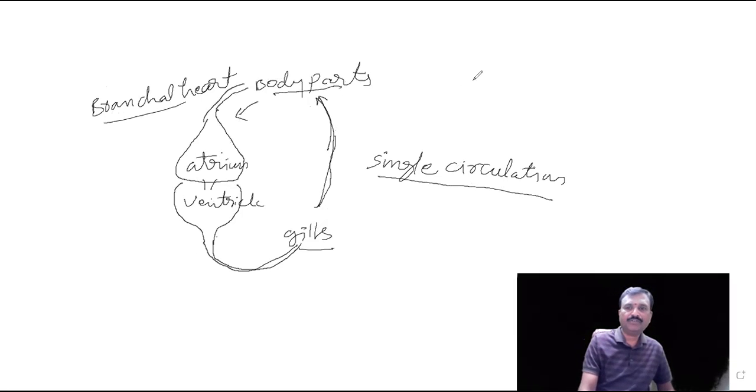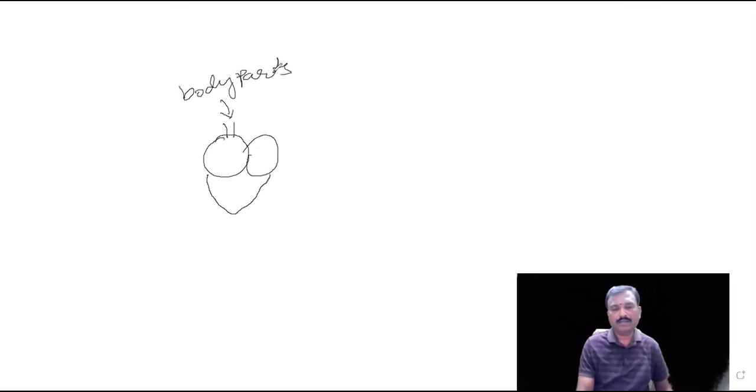Next, if you see amphibians, incomplete double circulation is there. In amphibians, a three-chambered heart is there: two atria, only one ventricle. The right atrium, RA, receives deoxygenated blood from all body parts.